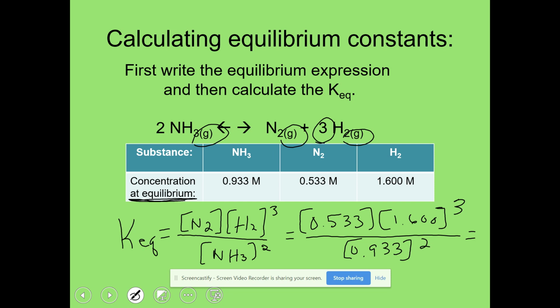I did that previously, and I came up with 2.51, and that is the value of the KEQ for this reaction at whatever temperature this was being run. If the temperature is higher or lower, that could affect this value, okay? So this data is for a specific temperature, although that temperature is not quoted here.